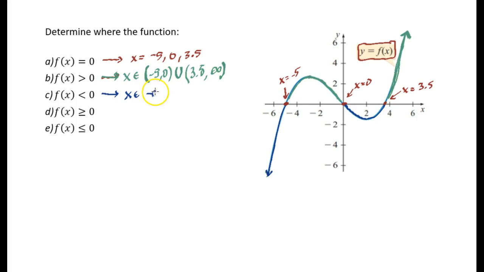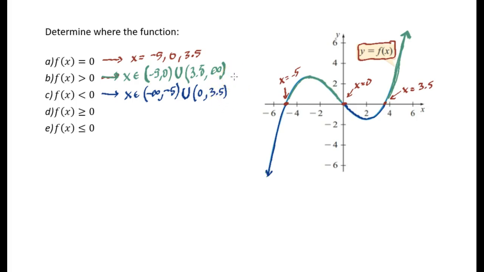It starts at negative infinity. It's going to the left forever. So negative infinity, and then it goes up to -5, and that's where it stops, because then it starts increasing. It doesn't include -5, so it's soft brackets, always on the infinity side. And then union, because we have another interval from 0 to 3.5. It's below the x-axis, and that's from 0 to 3.5.